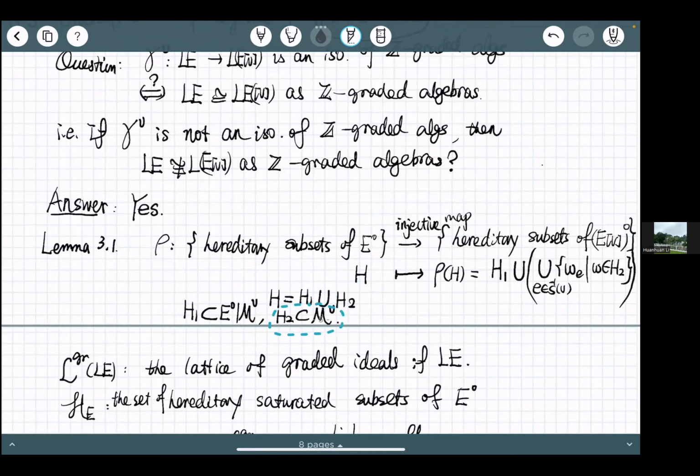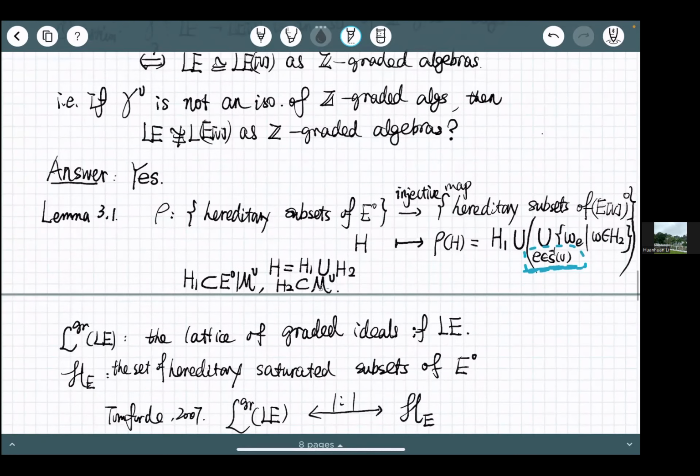The image of this H will contain H1, because H1 is not in MV, so H1 contains vertices in EV0. And the other part consists of copies of vertices in H2: we pick any W in H2, we have WE, and we collect all those WE, where E is an edge starting from V.